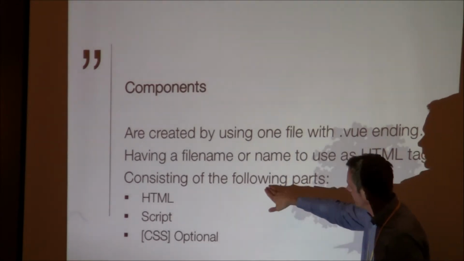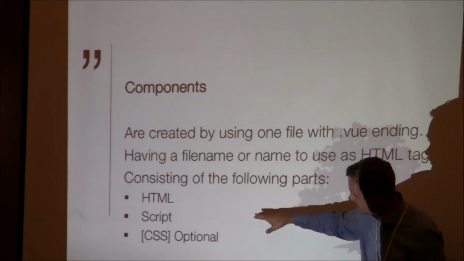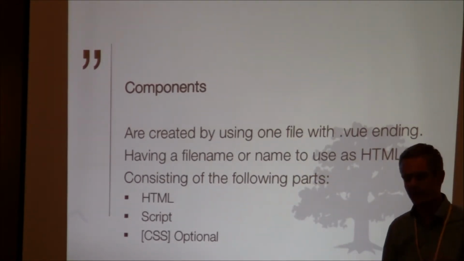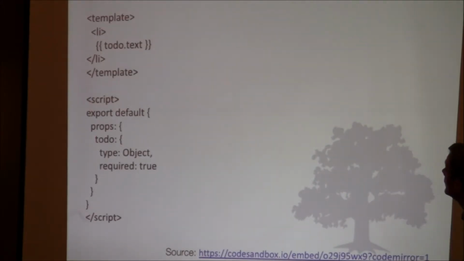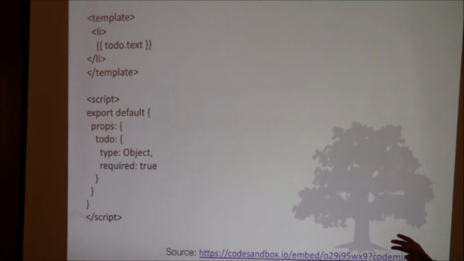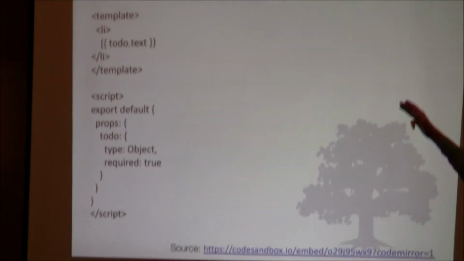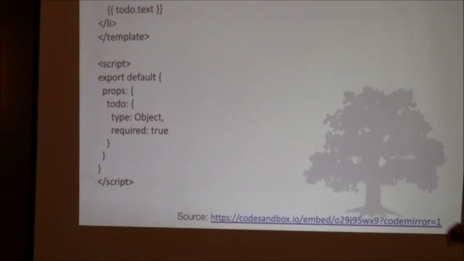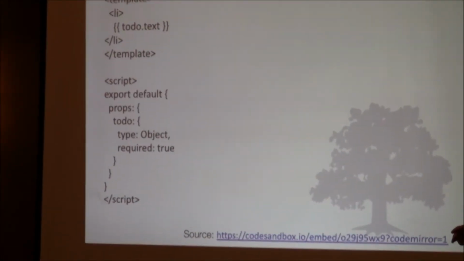A component consists of the following parts: HTML, script, CSS, same thing as before. I have checked an example on a page where you can directly have access to, and you can see all the concepts working live in the code box in the browser without installing anything. And here you can see I have removed the CSS part because it's optional.